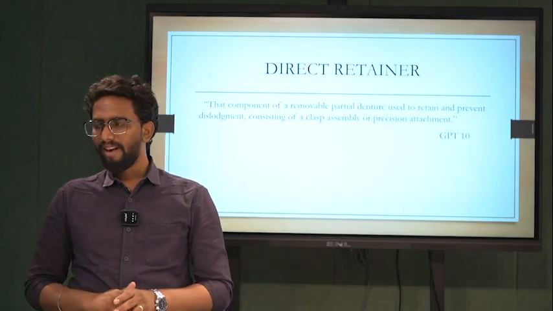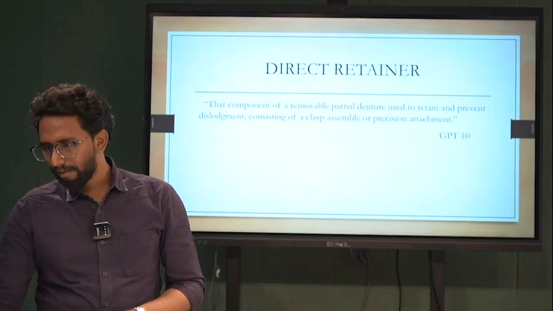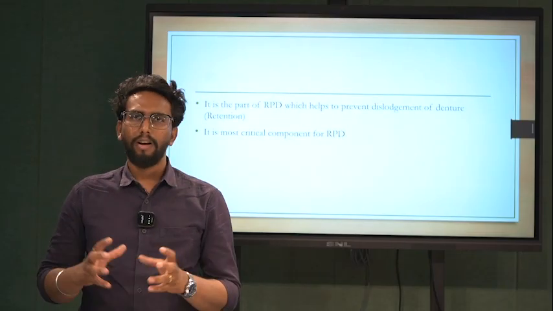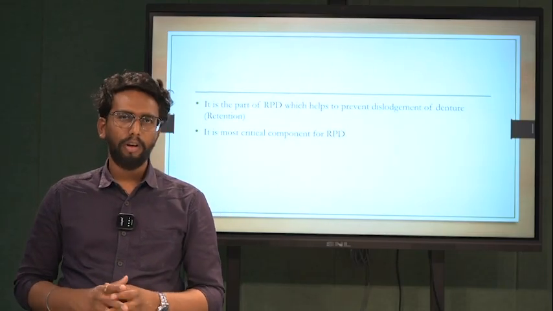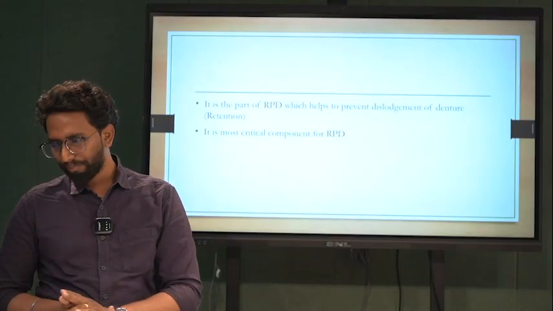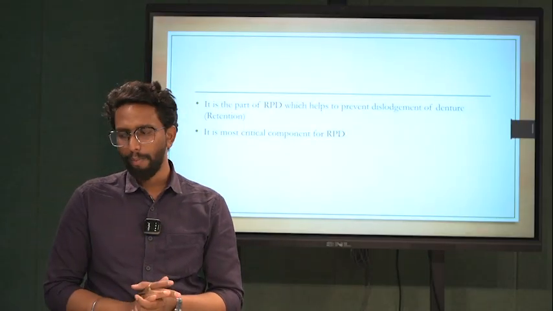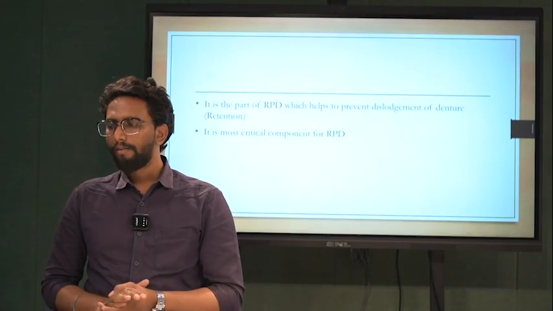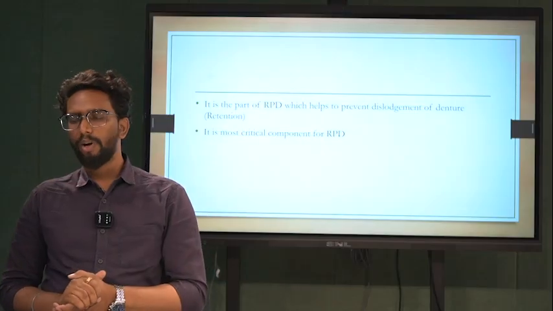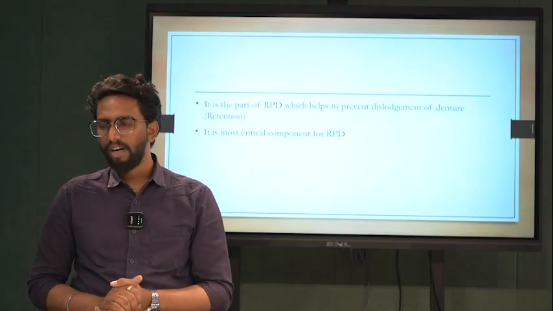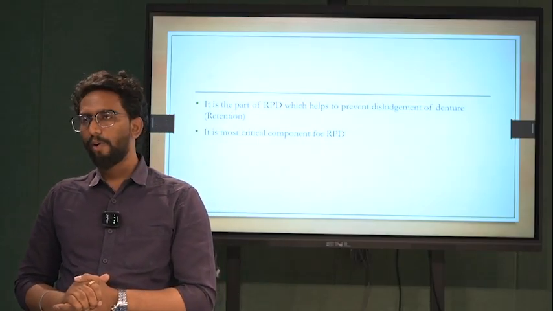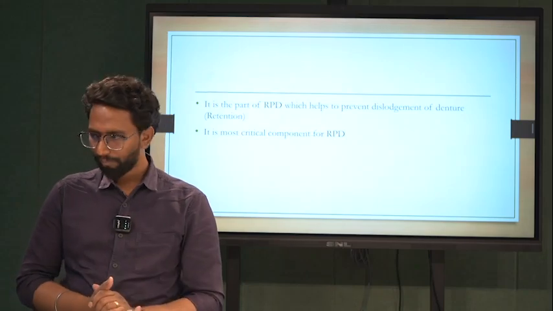So the direct retainer acts as the main retentive component of a removable partial denture. It is a part of the removable partial denture, RPD, which helps to prevent the dislodgement of the denture. It is the most critical component of the RPD.